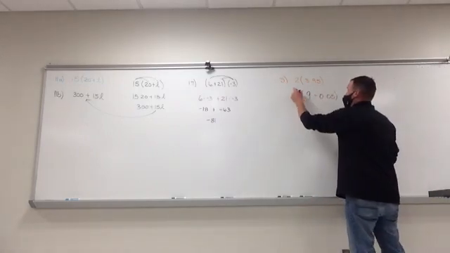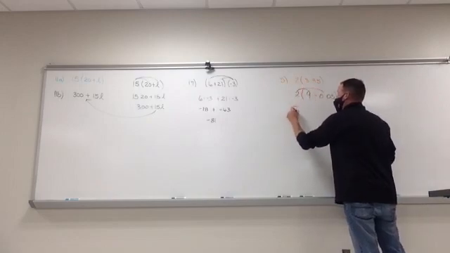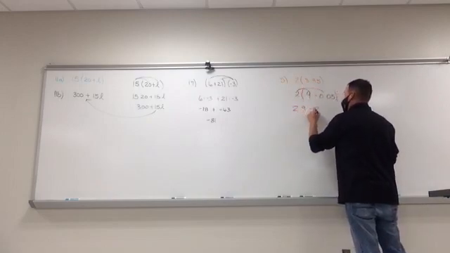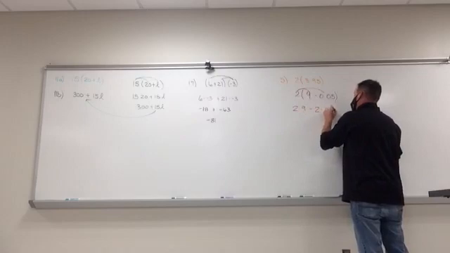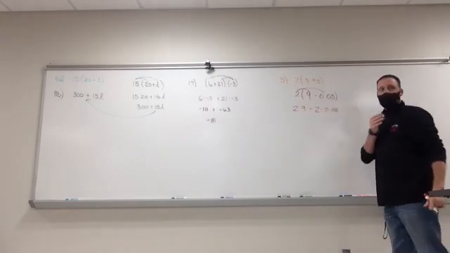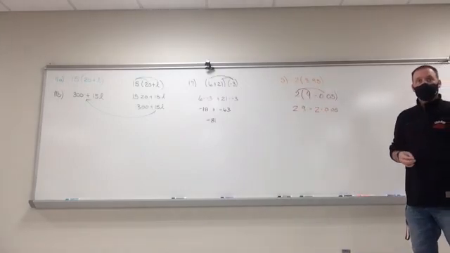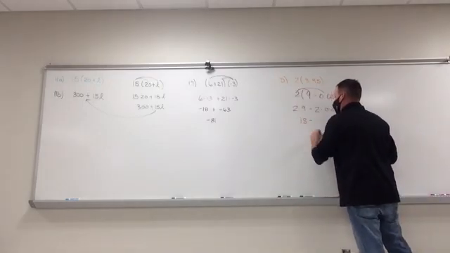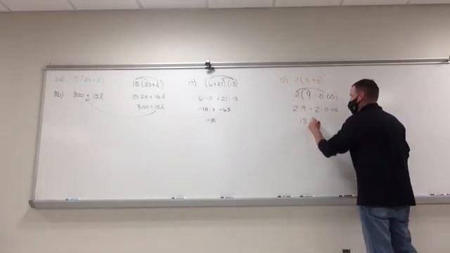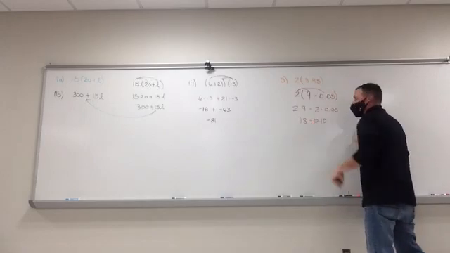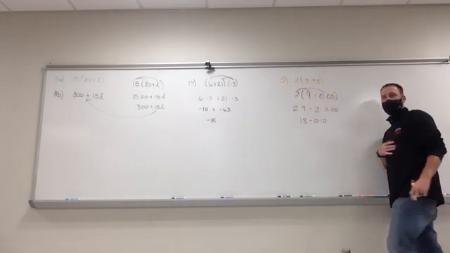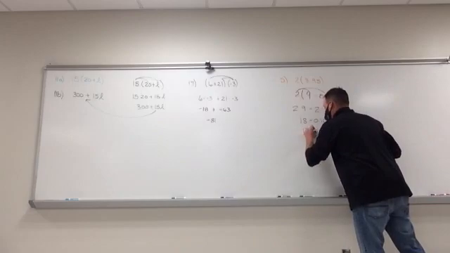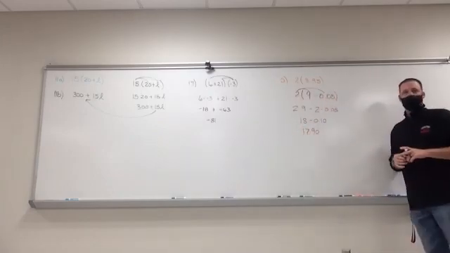Now when I go to distribute here, I'm going to have 2 times 9 minus 2 times a nickel, 5 cents. 2 times 9 is what? 18 minus, if I have 2 nickels, that makes a dime, which is 10 cents. And when I subtract those, I have $17.90.